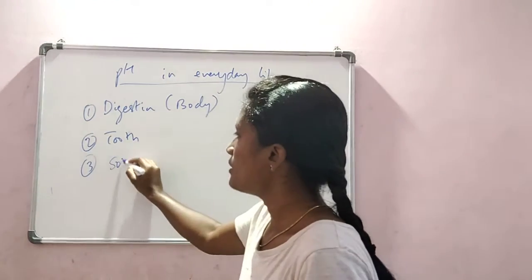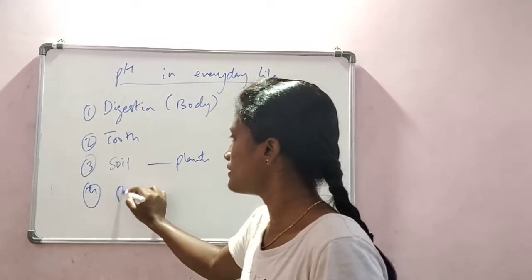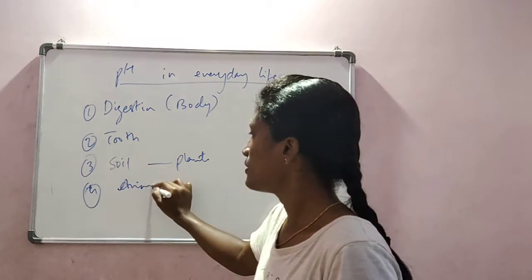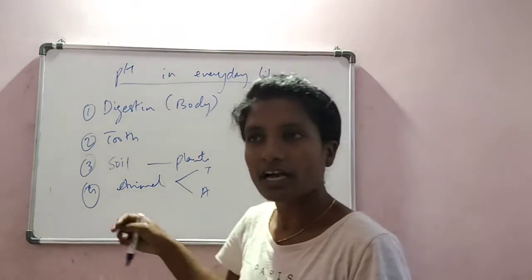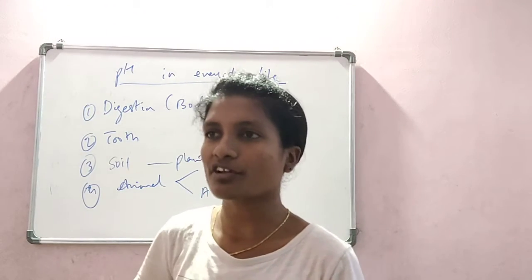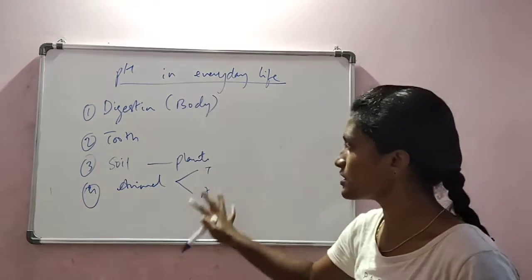And then the soil, in which we have the plants' growth, and then the animals in the environment. Animals can be both terrestrial and aquatic. In aquatic, again, the ocean water or the river water is either acidic or basic in nature. So let us study all those things.